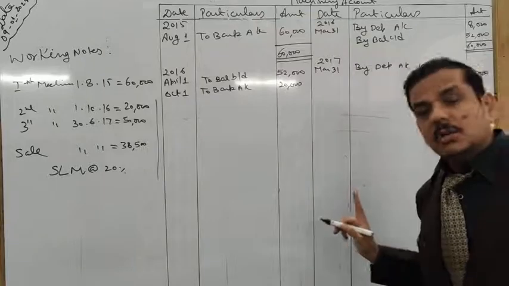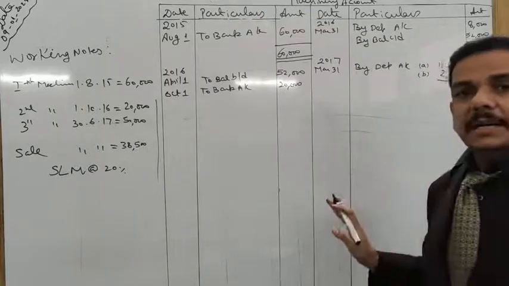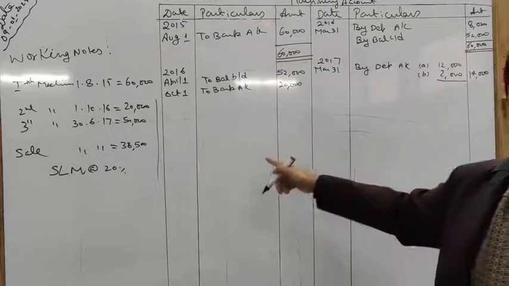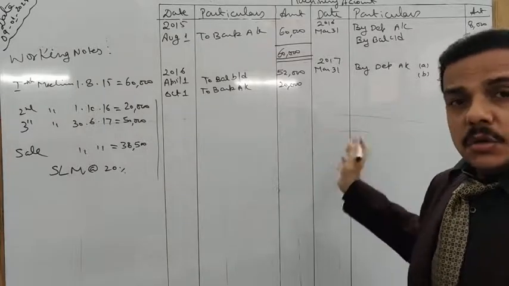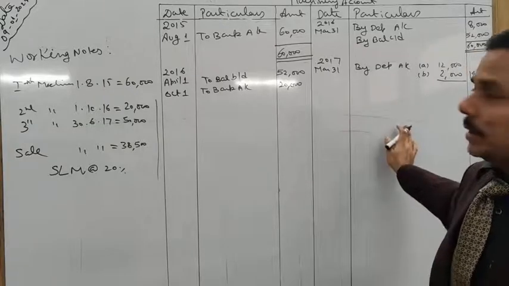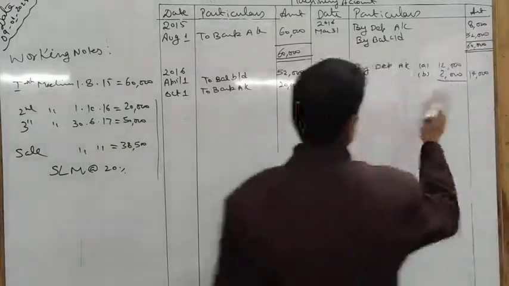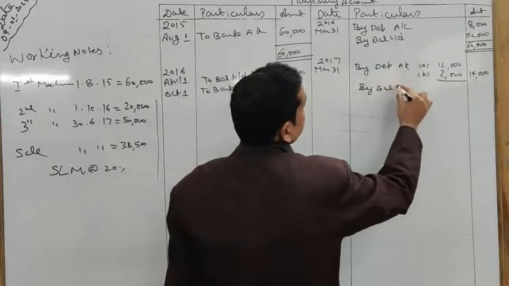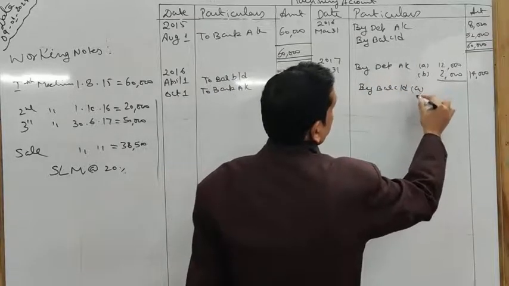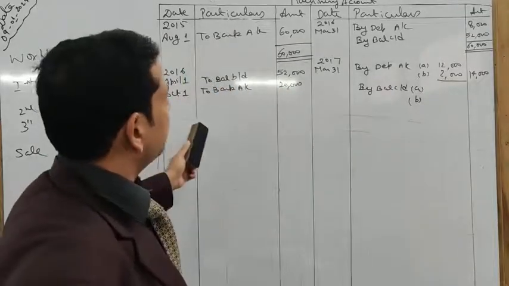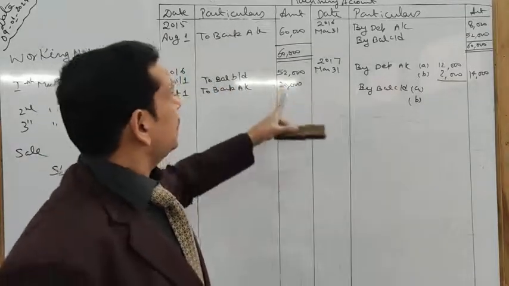Now the question arises, why is depreciation separated? Depreciation is separated because in this numerical we are going to sell the asset. So in order to compare whether we are having profit or loss on the sale of asset, this is calculated very easily. Similarly, we will find out separate balances also. So by balance c/d A and B. Now subtract depreciation of particular asset from the particular machine. 12,000 is subtracted from 52.